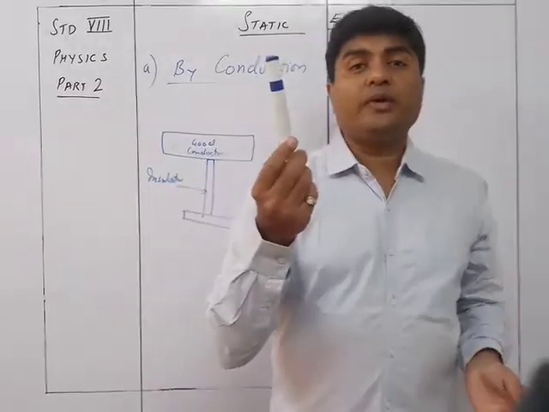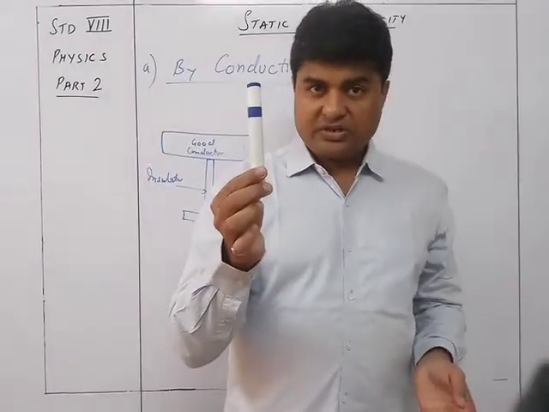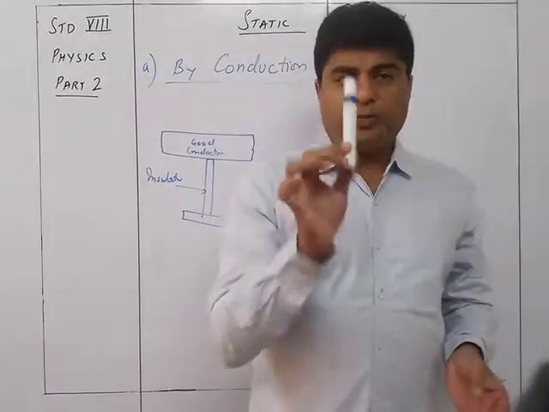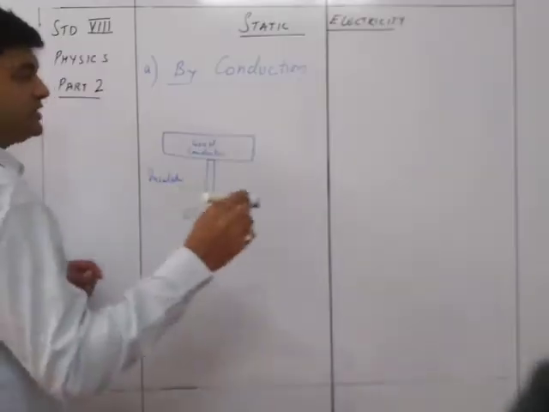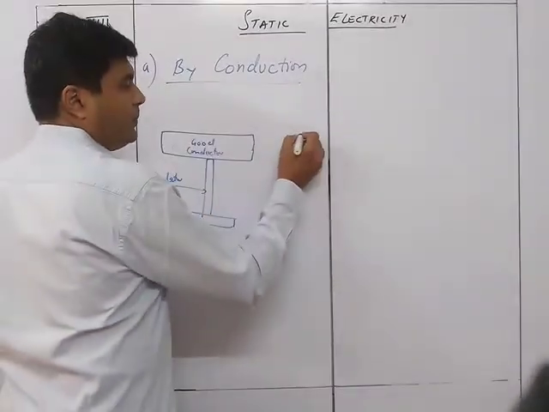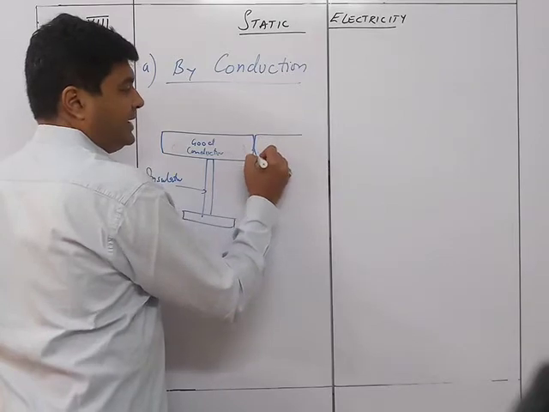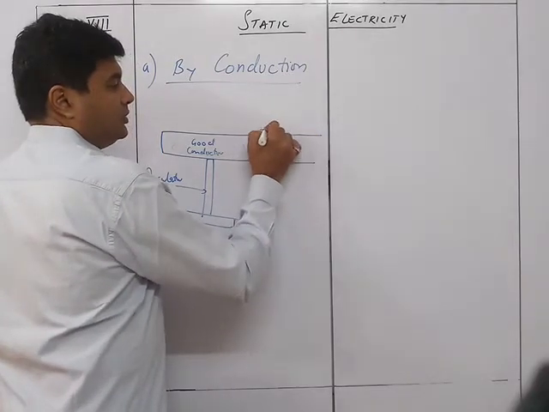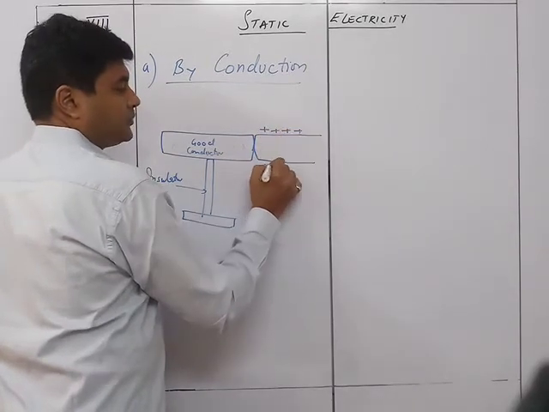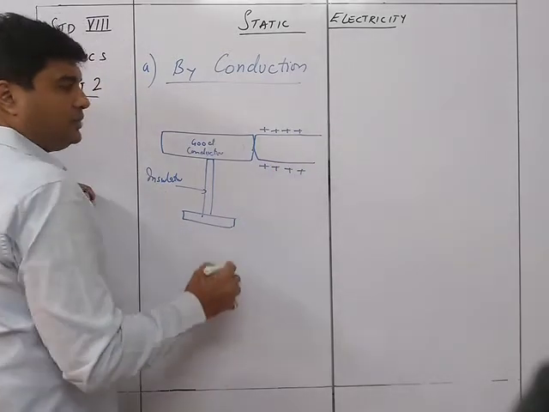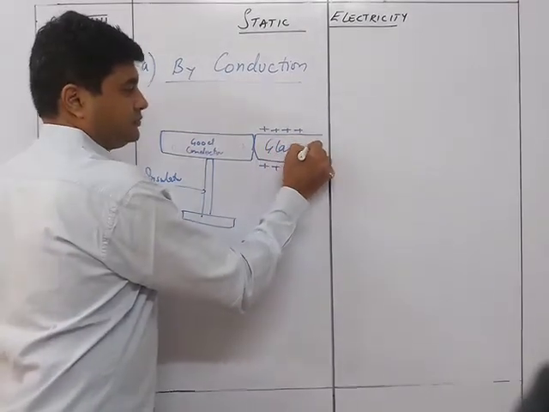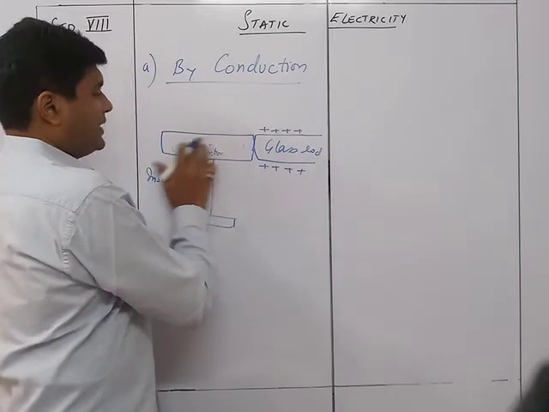What is the charge present over here now? Yes, positive charge. So I am going to bring this positive charge near and touch. So this is glass, and this is the good conductor, so this is metal.